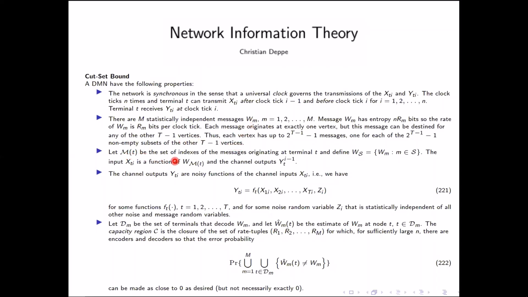And MT is the set of indexes of the messages of terminal T. And then we have this output here, and we have the function which decides y_ti based on x1, x2, x_ti, and z_i. This is the principle of what we want to have for a discrete memoryless network.